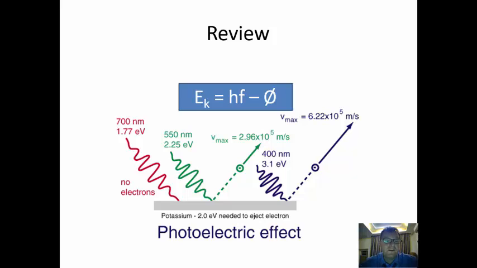If we decrease the wavelength and increase the frequency, therefore increasing the energy being provided, then we'll see that electrons will be emitted, and if we keep on increasing the frequency, then we see that the kinetic energy of these electrons increases in turn. And that is my review of the photoelectric effect.